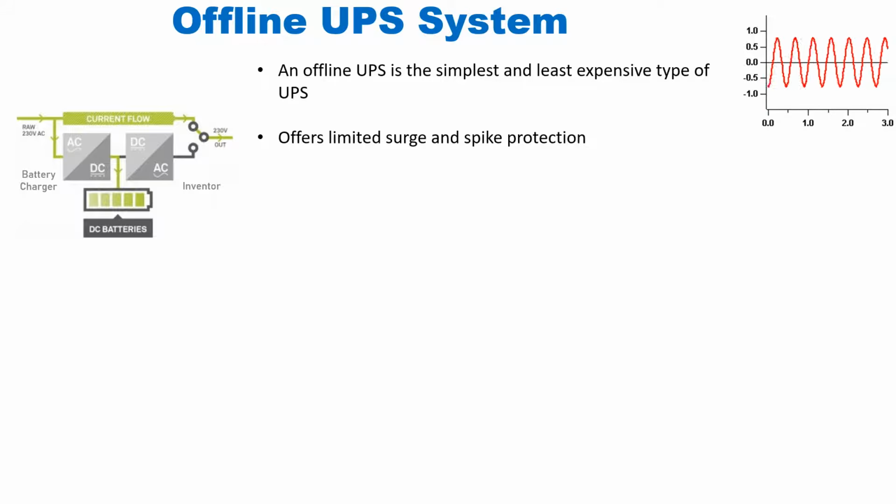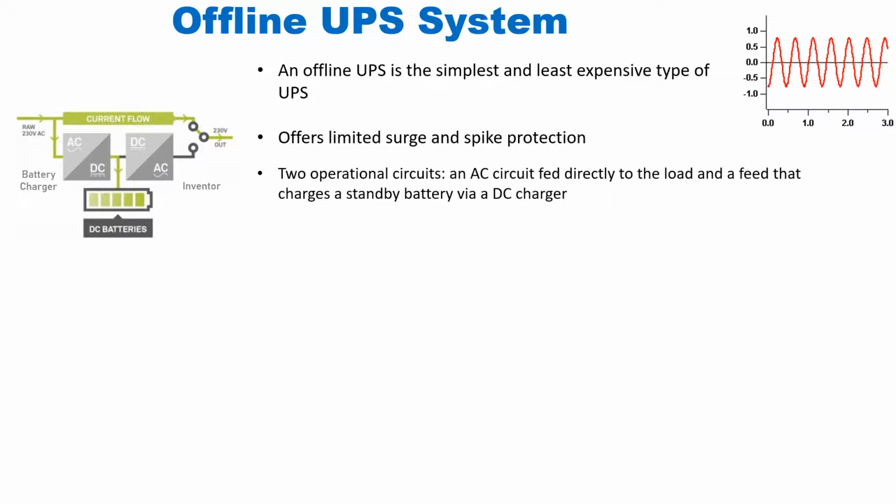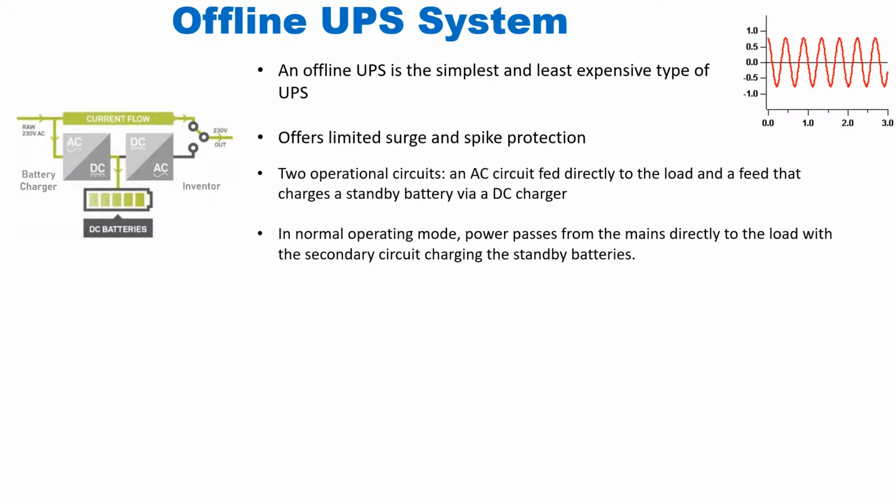So you have a straight circuit going from the utility to your appliance, and one that goes through the charging circuit. In normal power operating mode, the power passes through the main circuit, shown in green at the top where it says current flow. Now, the secondary is charging the battery, making sure the battery is charged up.